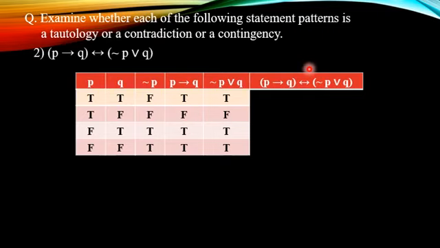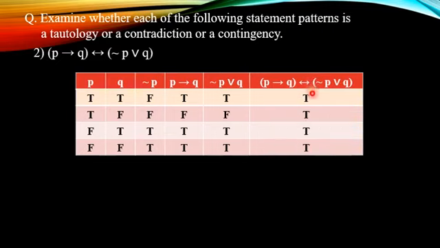Okay, so the truth values of this biconditional statement are this one. Here these two statement patterns have same truth values TT, so true, FF same, true, TT same, true, TT same, so true. So all truth values of this column are T.